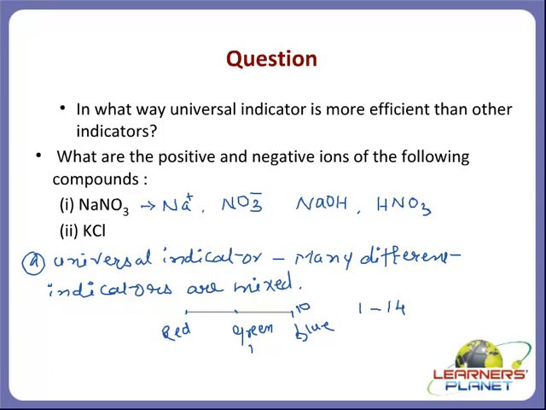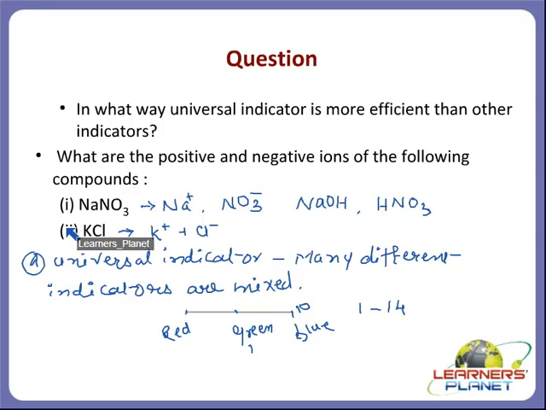Likewise your KCl. KCl would be potassium plus ions and chloride minus ions. So students, what are the acid and base here? Acid would have been HCl and base would have been potassium hydroxide. Clear?